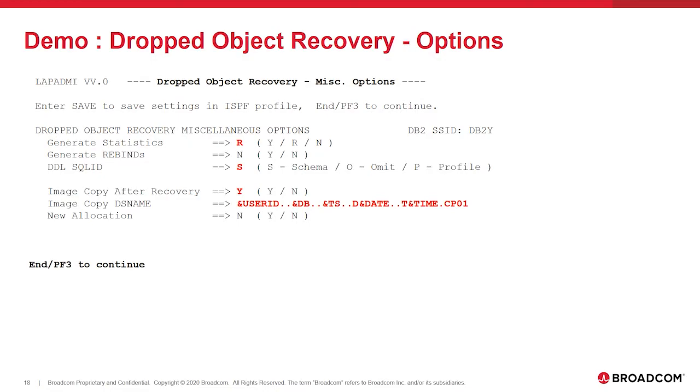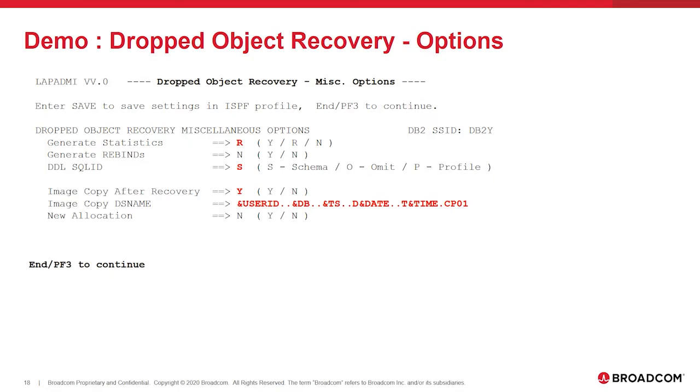If you specify yes, it includes a step that executes a RUNSTATS Db2 online utility on the recovered object at the end of the recovery process. Generate rebind: yes, to include a step to rebind all packages invalidated by the drop of the object after the statistics are generated.